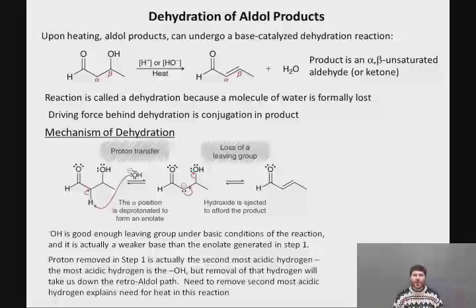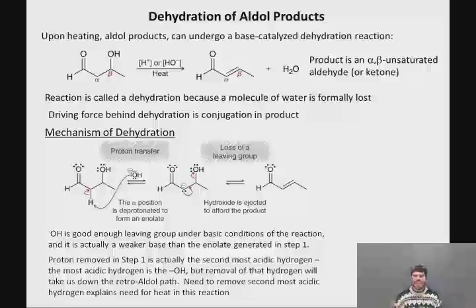Okay, another note about this mechanism, especially about step 1, you may be asking the question, have I not removed the most acidic hydrogen? And the answer is no, I have not removed the most acidic hydrogen. The most acidic hydrogen in the beta-hydroxyaldehyde is the OH hydrogen. That's got a pKa of 16.